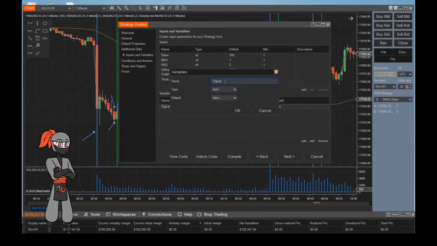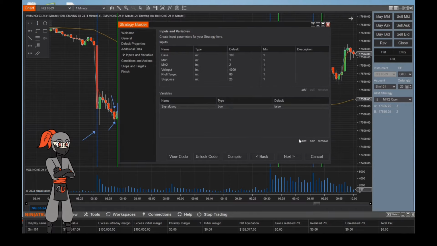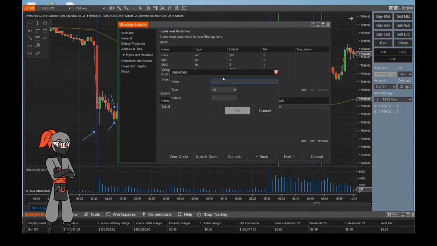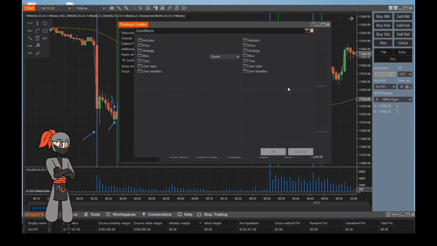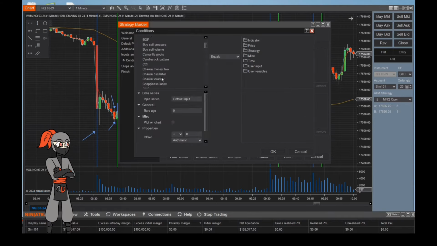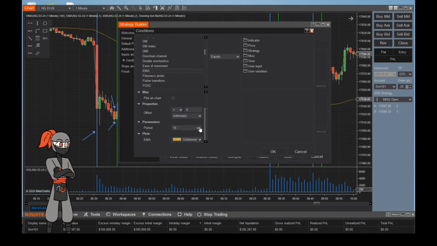On second thought, let's take this signal and actually make a second one. So we'll have a signal for signal long, essentially setting up that long trade, and then of course one for our short setup.